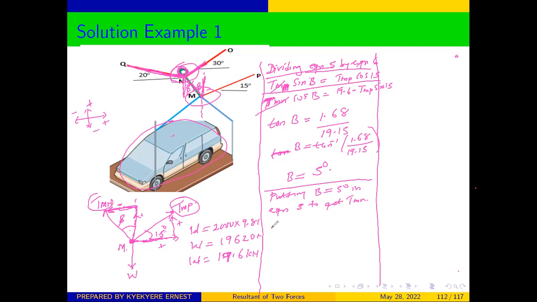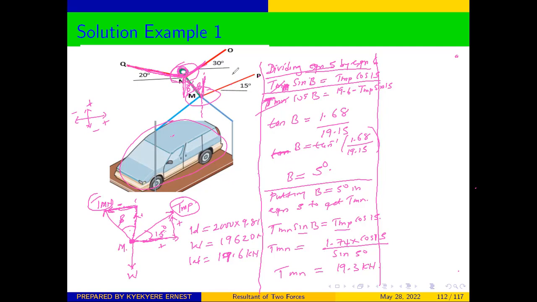From equation 5, we had TMN sine beta is equal to TMP cos 15. And we know TMP, we know sine beta. Therefore, TMN is equal to TMP, which is 1.74, times cos 15 all over sine 5. And from there, TMN will be equal to 19.3 kilonewtons.